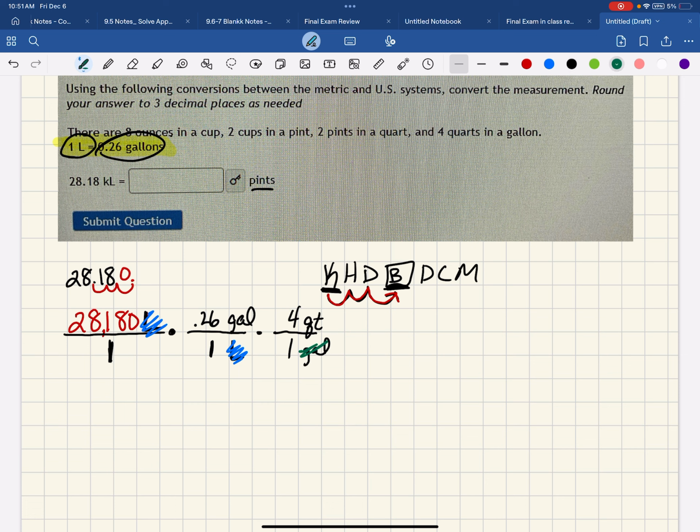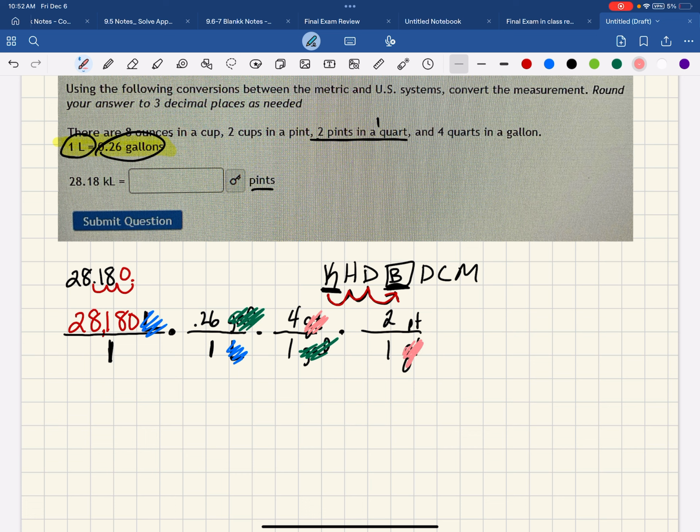Next thing we'll do is I'll cancel gallons and gallons. Now because quarts is on top, I'll write quarts on bottom and pints on top. And that's because that's coming from right here, 2 pints in 1 quart. So 2 pints, 1 quart. And then we've got to cancel these out. So quarts and quarts cancel.